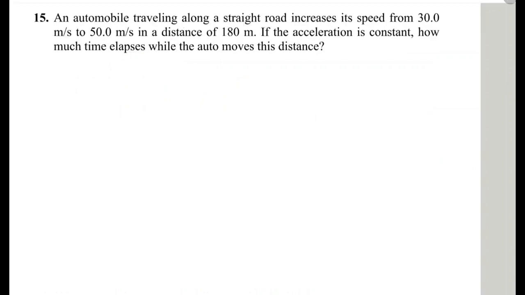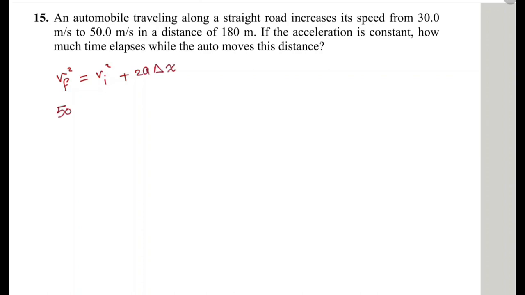An automobile traveling along a straight road increases its speed from 30 meters per second to 50 meters per second in a distance of 180 meters. If the acceleration is constant, how much time elapses while the auto moves this distance? So from the equations of motion, v final square equal to v initial square plus 2a delta x.